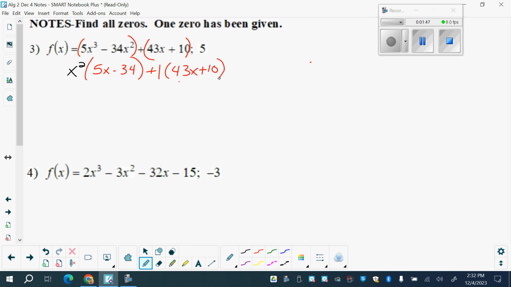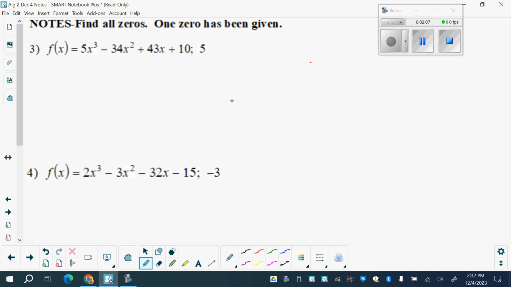That happens sometimes. So in this case, we're given what one of those zeros is already. How could we use that zero to find the other zeros?